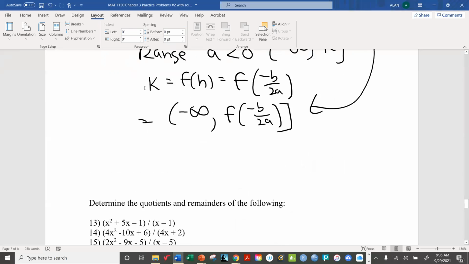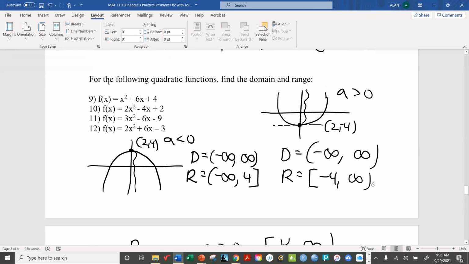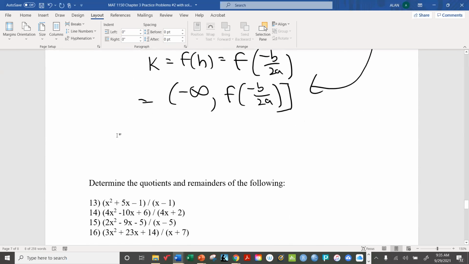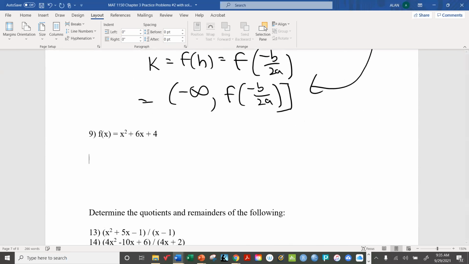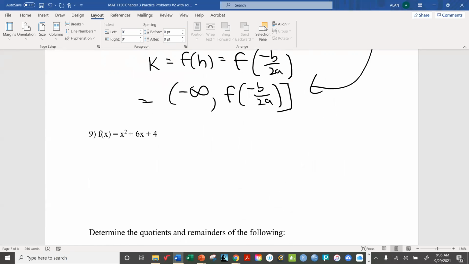All right, well, with all that being said, why don't we do one? Like, for example, let's try this one. Okay, so in all these cases, we may as well just go ahead and calculate the vertex because it'll come in handy. So we don't have to think about the domain. We can just get that out of the way right up front.